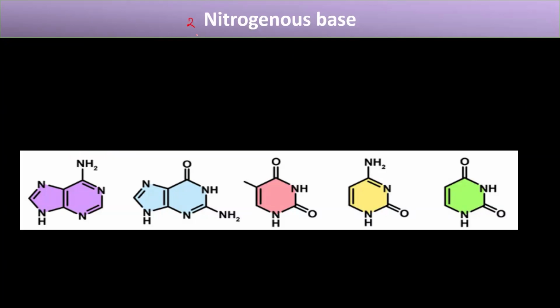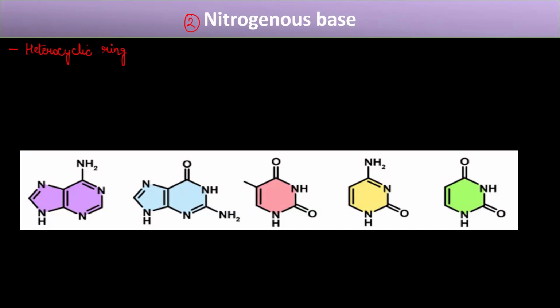Now the second component is what? Nitrogenous base. The second component that is present in the nucleotide or nucleic acid is nitrogenous base. Now what is nitrogenous base? It is a heterocyclic ring. Heterocyclic means that it has more than one type of atom.